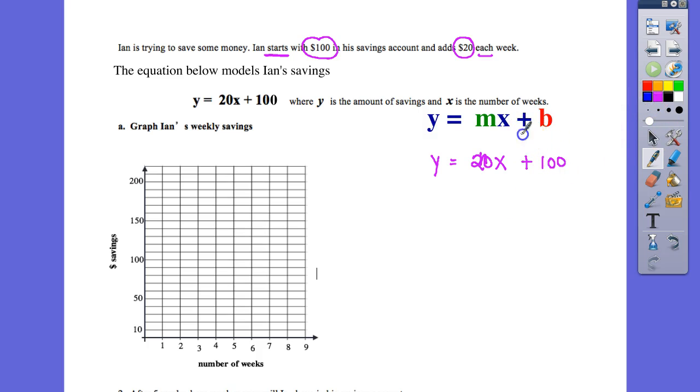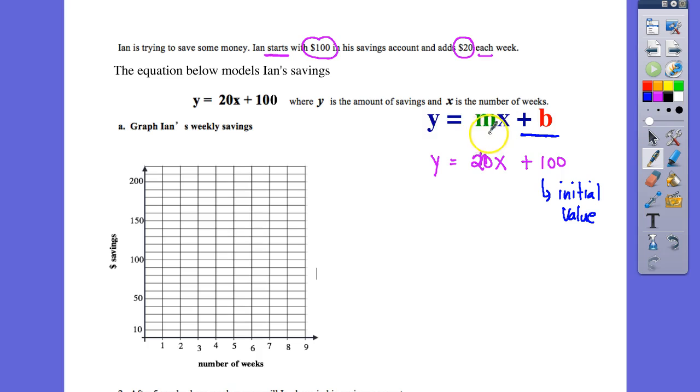The number by itself, the constant, is your initial value. If you go back to the word problem, it says Ian starts with $100 in his savings account. So he's starting off with $100.